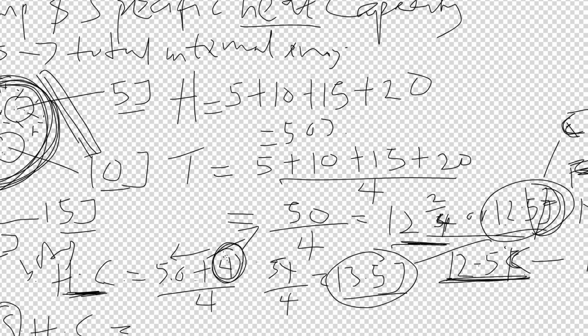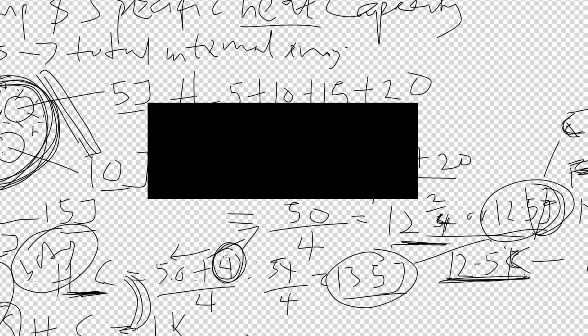Now I want to increase the temperature by 1 Kelvin. It's just the same thing. Heat capacity and specific heat capacity are almost the same, except that instead of just saying a body or a system, you specify: the amount of heat required to raise the temperature of a unit mass by 1 Kelvin. That is specific heat capacity.